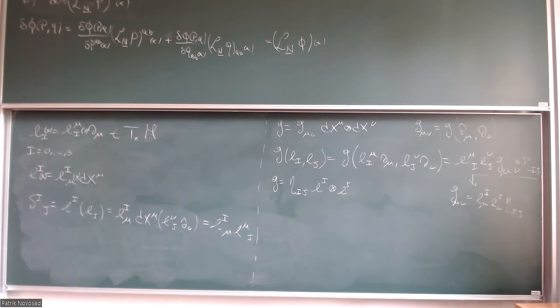By soldering form, I mean that a soldering form takes an element of the tangent space at a point, because that's a one-form, and sends it to the vertical space of the principal bundle of the frames, basically.